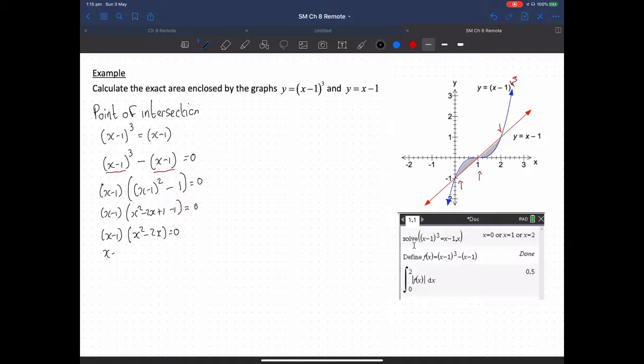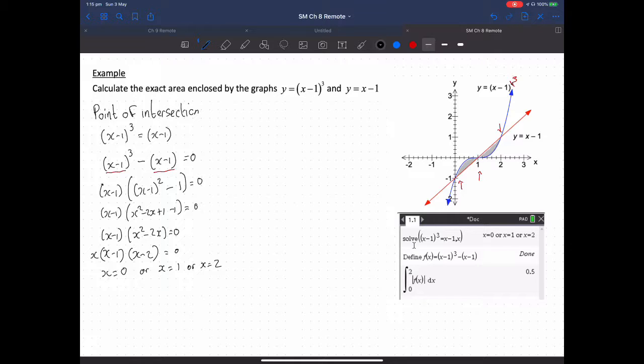We can now factorize the second bracket. X is a common factor, so I'm going to write x out the front, and x minus 2 was the other factor, equals 0. Solving that, x equals 0, or x is equal to 1, or x is equal to 2.